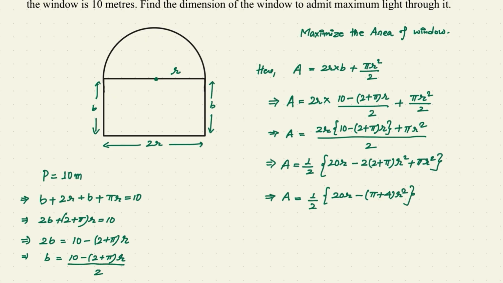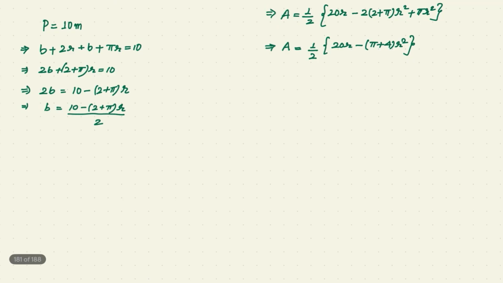Now here A is a function of r and we have to maximize the area of the window. That means we have to maximize this A. So we will differentiate this equation 2 times with respect to r. Let us differentiate both sides with respect to r. Then we will have A dash equals half, which is constant, into d by dr of 20r, which is 20, minus (pi plus 4), which is constant, times d by dr of r square, which is 2r.